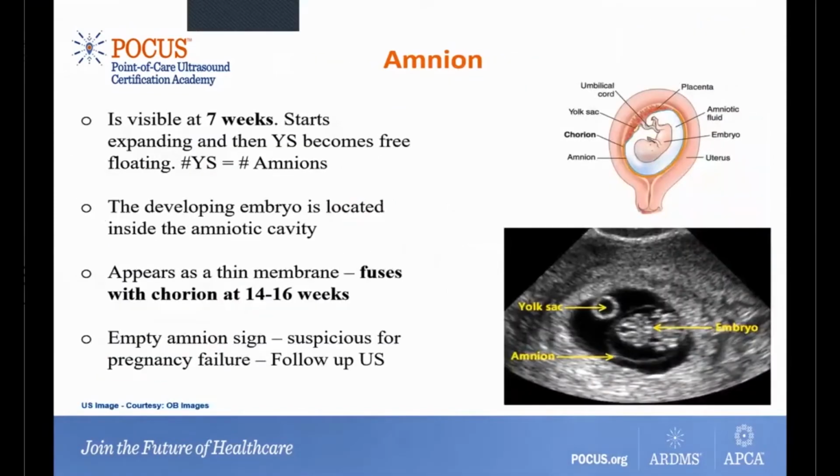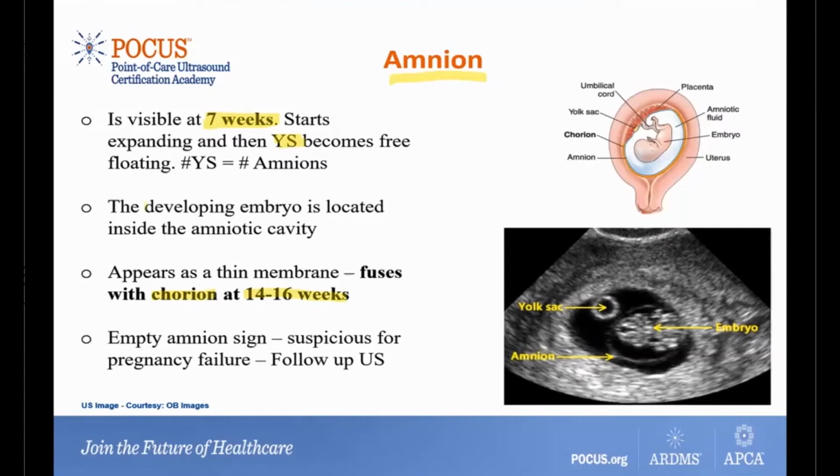On ultrasound, the amnion is visible first at around 7 weeks gestation. Subsequently, it expands and the yolk sac becomes free floating, and the amnion fuses with the chorion at about 14 to 16 weeks gestation.